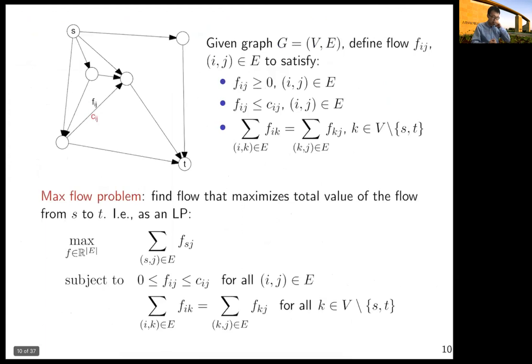Okay, so you can abstract this problem as something that's a combinatorial problem in graphs, right? So suppose you have a source. This is where the resources are coming from. Then you have a sink or a terminal.